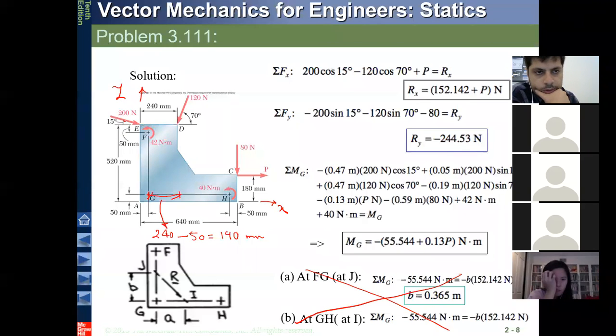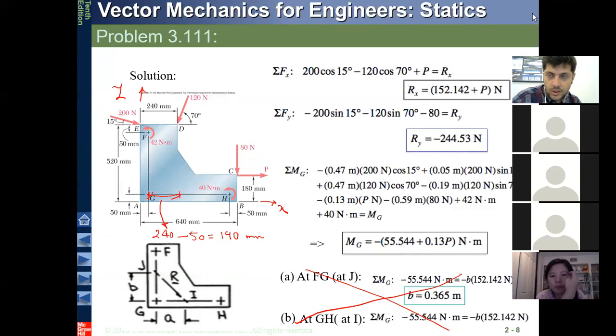But it is asked to calculate the position on FG line and GH line for a rivet that cannot stand moment, but it just can stand force. So you have to find a location of the resultant of these forces and moments, such that there would be no moment on that point.